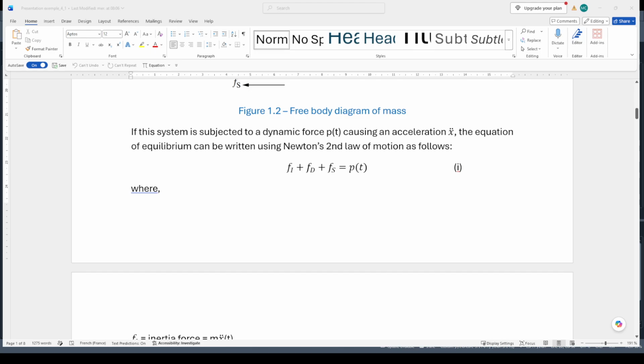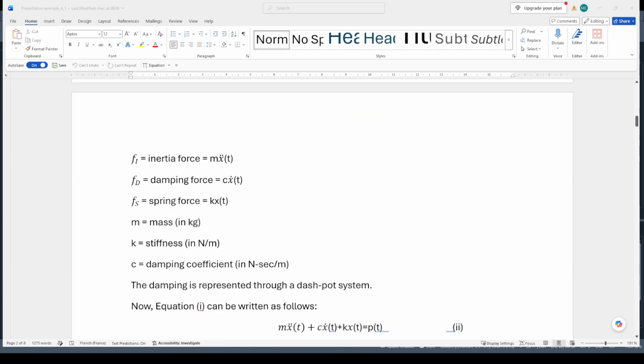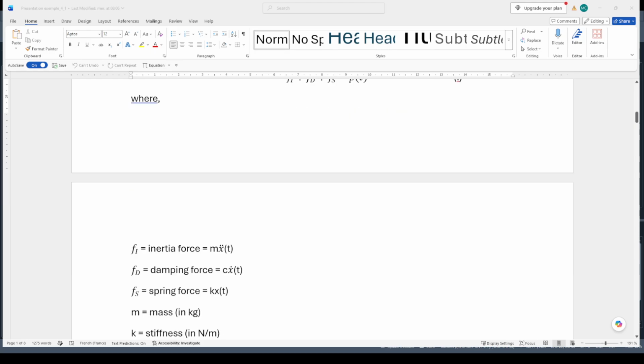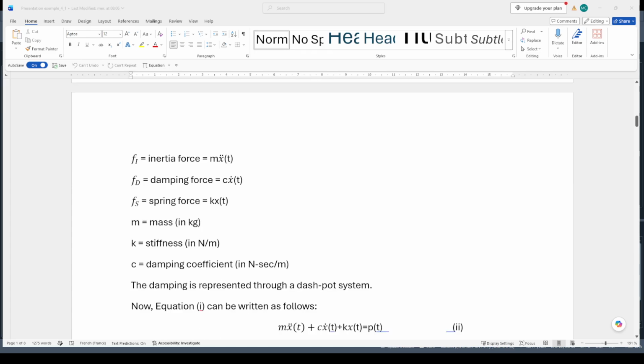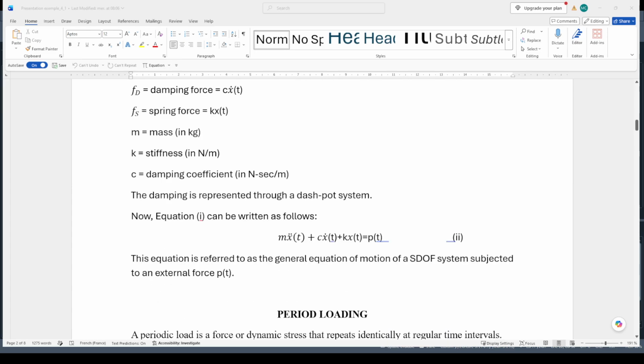You can remember the simple passage to calculate the differential equation of this displacement: m times acceleration plus c, the damping coefficient, times velocity, plus k, the stiffness of the spring, times displacement is equal to p(t).